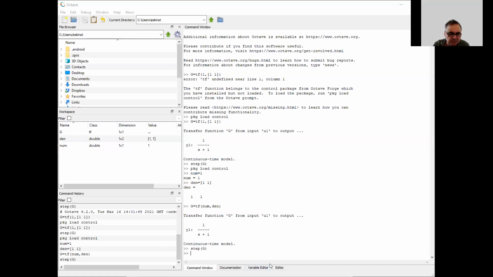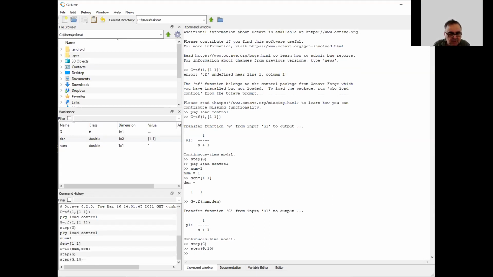But if this response is too small, let's say, you can say something like step of g for a time amount of 10, in which case you will be seeing the step response up to time 10.